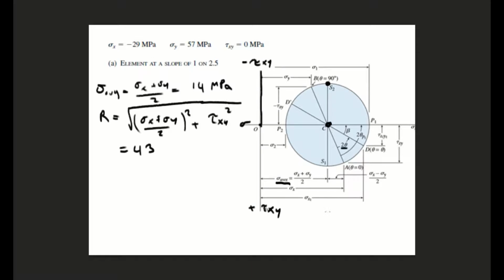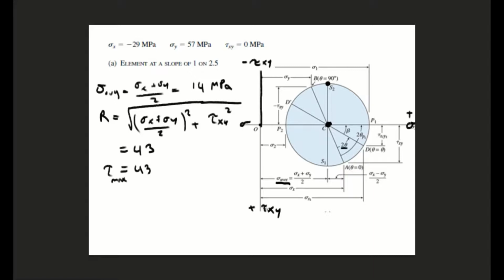This is our stress, and this is our positive stress. So positive is actually this bottom half. But we see that if our radius is 43, then that is also our tau max. So the radius of Mohr's circle is equal to our tau max. It's 43.